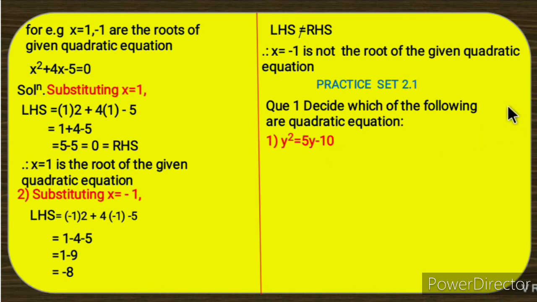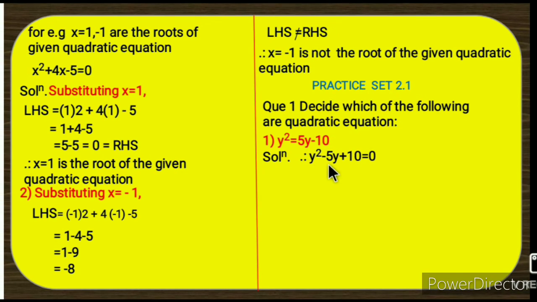This plus 5y transferred to the LHS becomes minus 5y, and minus 10 becomes plus 10. Therefore the equation is y square minus 5y plus 10 is equal to 0.